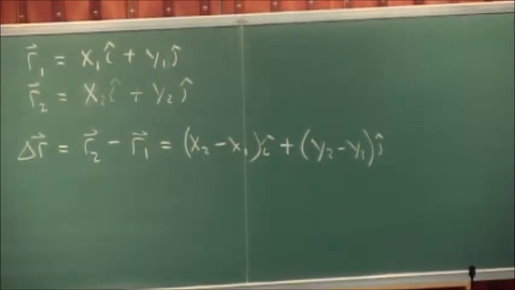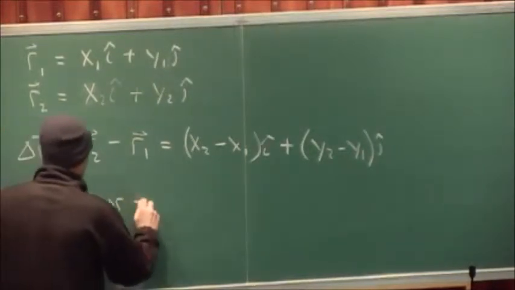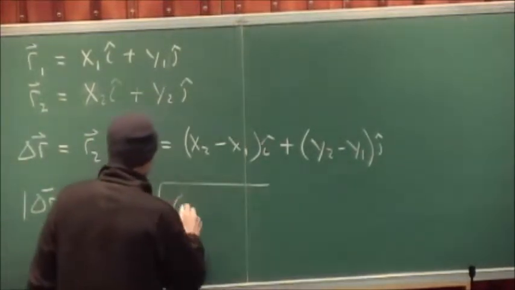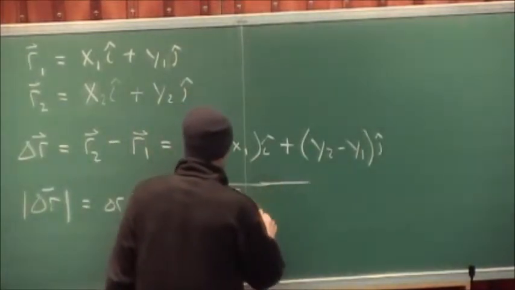So what is the magnitude of delta R then? Yeah. The square root of x2 minus x1 squared plus y2 minus y1 squared. Excellent. Thank you.